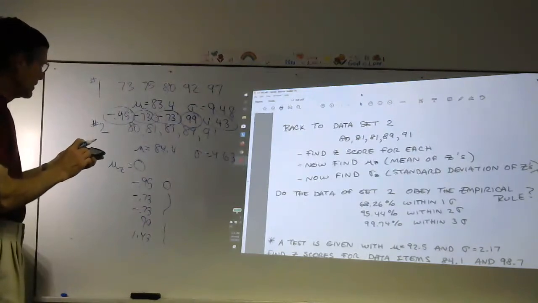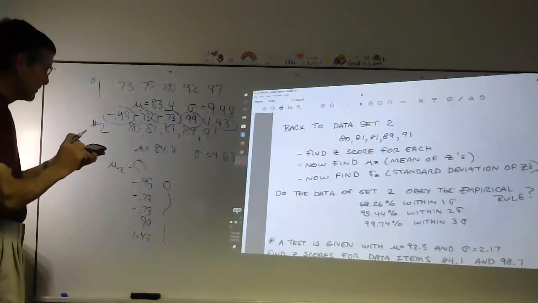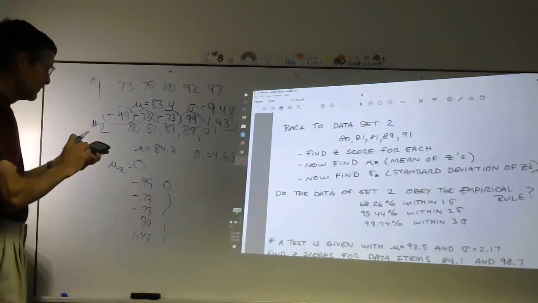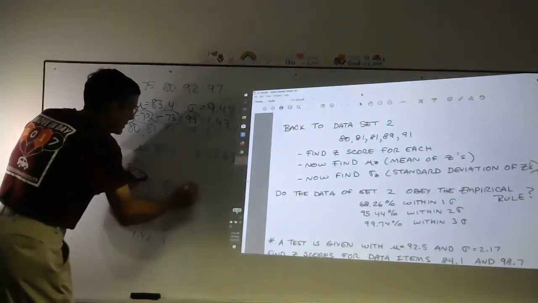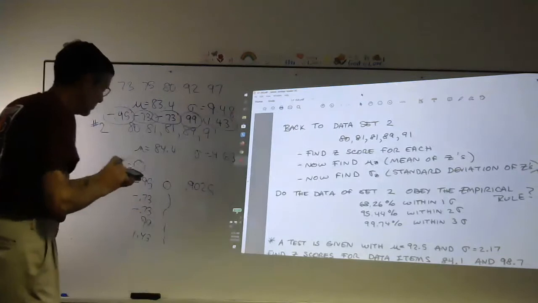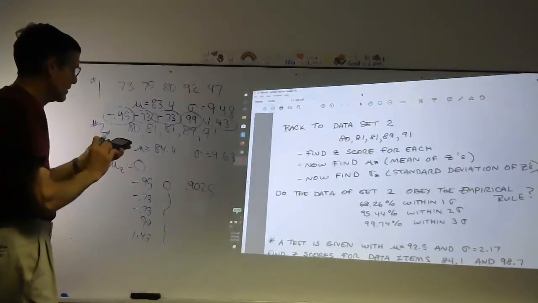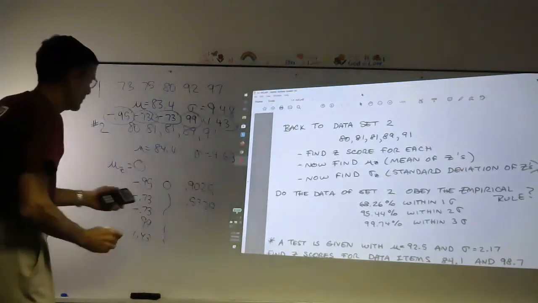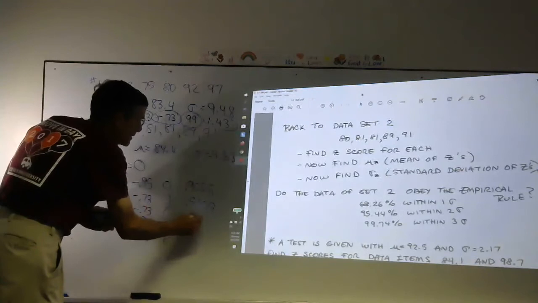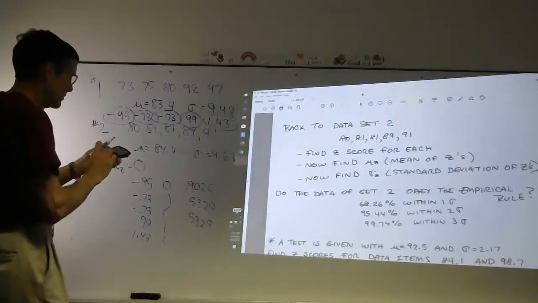So I have negative 0.95 is the distance, and I want to square that. So 0.95 squared is 0.9025. It's 0.73. Now squaring makes it positive, so I'm not worrying about the signs. It's 0.5329 squared, 0.5329, 0.99 squared.